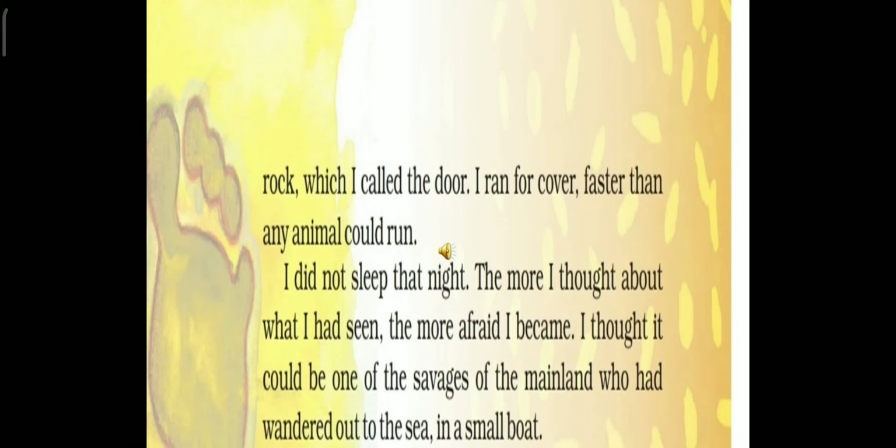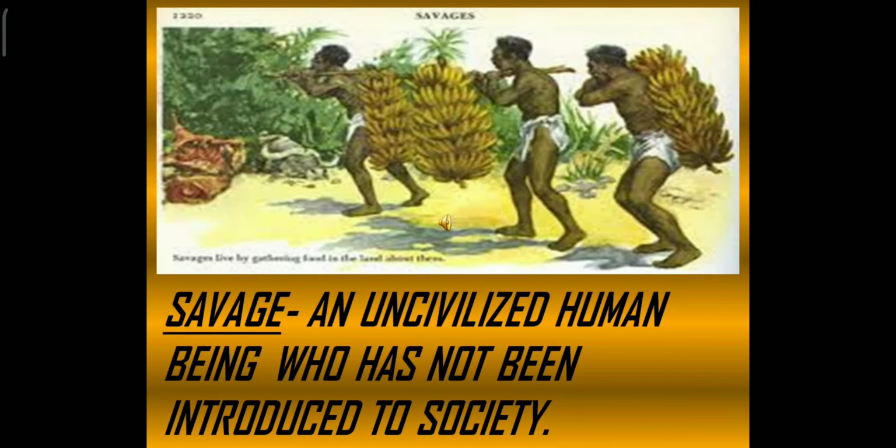All right, let us see what is the meaning of the word savages. Savages is the plural form of the word savage. A savage is an uncivilized human being who has not been introduced to society. As you can see in the picture, these human beings are perfectly fine human beings, all right? They're just like us.